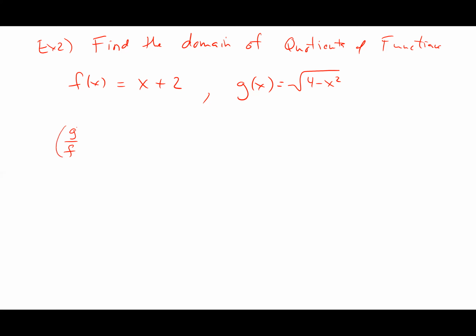So first of all, tell me this. That's part A. Part B is find the domain of g over f. So I'm kind of messing with you here. Instead of putting the f on top, I put the g on top, just for us to sort of think things through here.